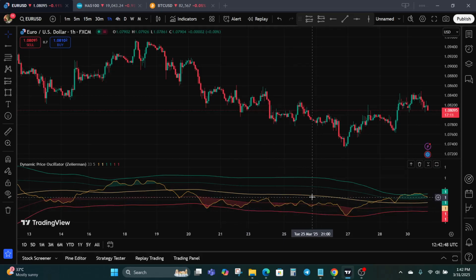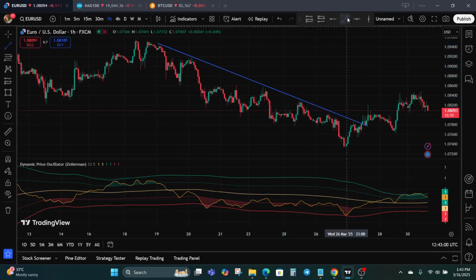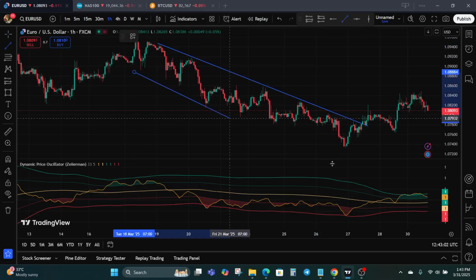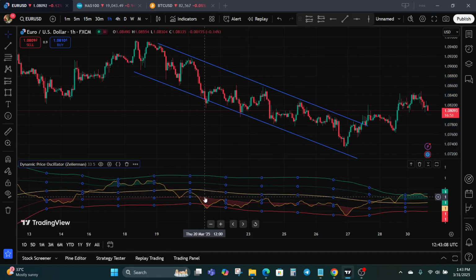Okay, you can see how the indicator slopes with respect to the prevailing momentum in the market. Here we had a clear sell trend. There was a clear bearish momentum at the time, and you can see how the DPO reacted to that.